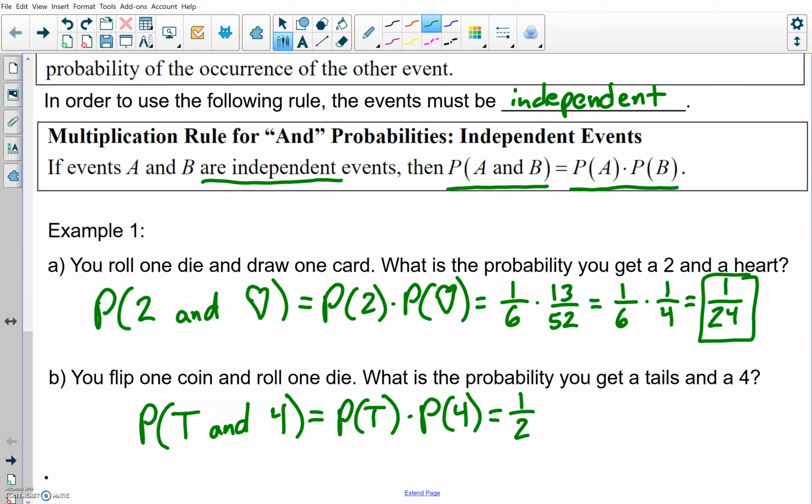And we'll get here just 1/2 times 1/6, and we get the 1/12, just like we did up above. So again, ask yourself, are these events independent? If they are, then you can just multiply their probabilities together. And that's the idea with the and probabilities for independent events.